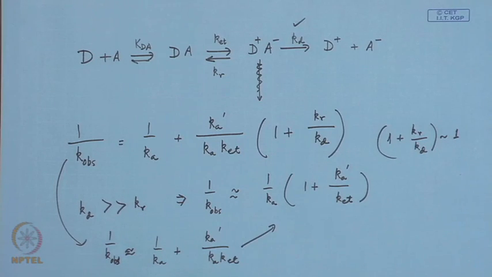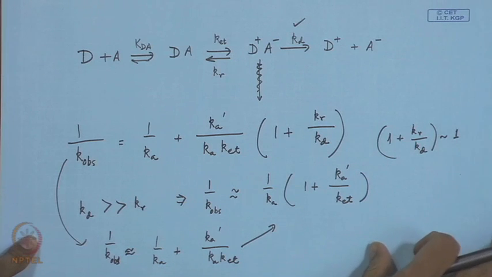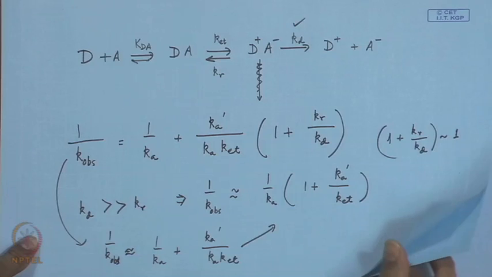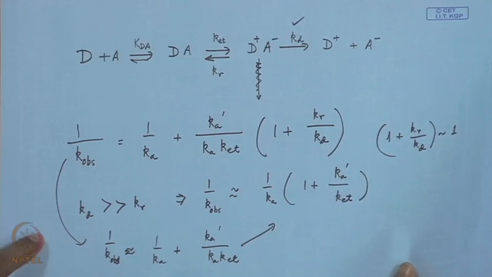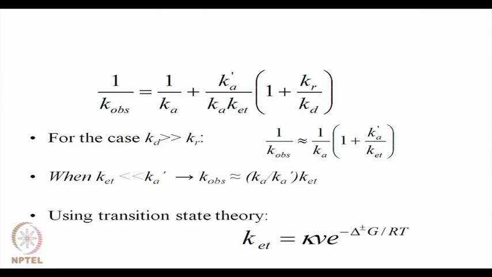Okay. What about the other situation, when KET is very much less than Ka prime?